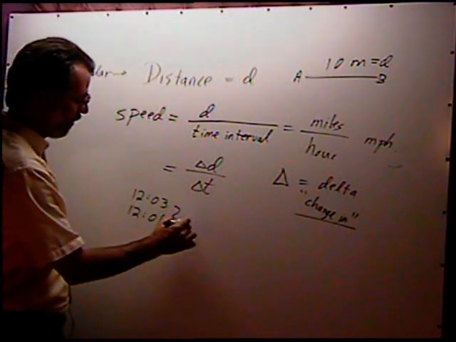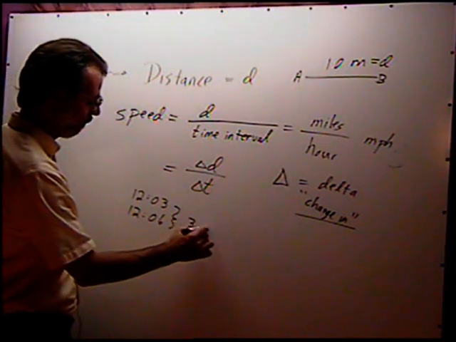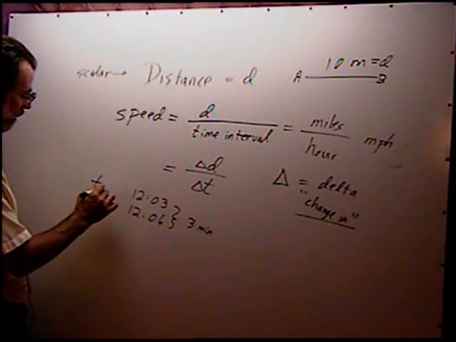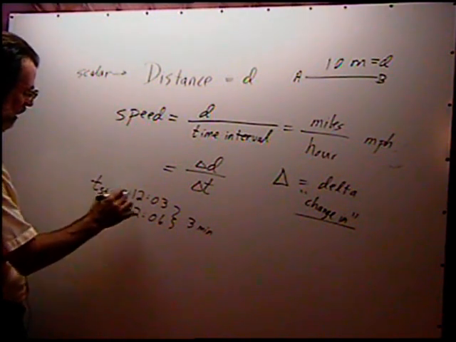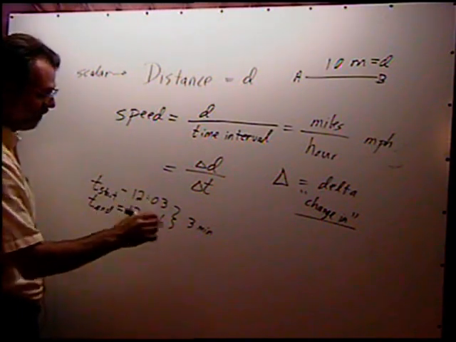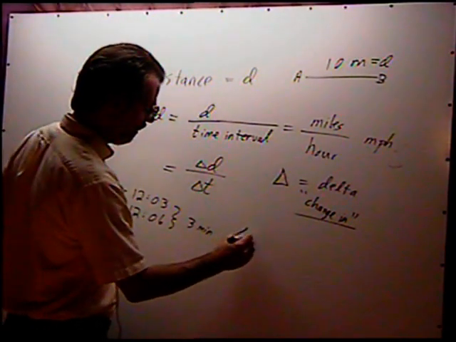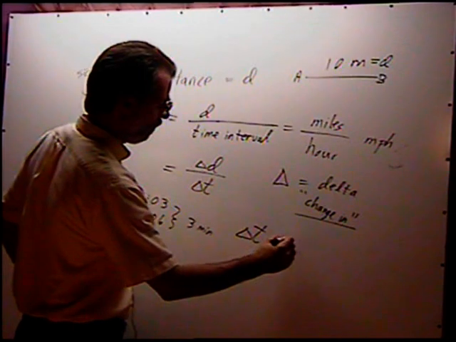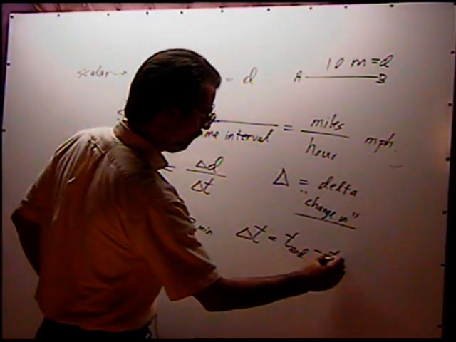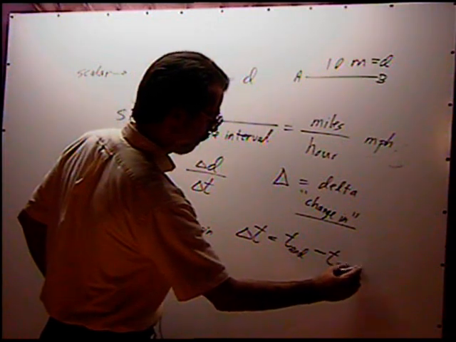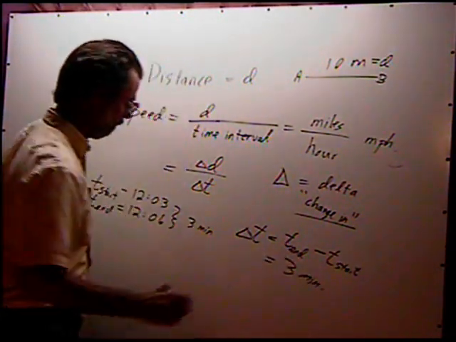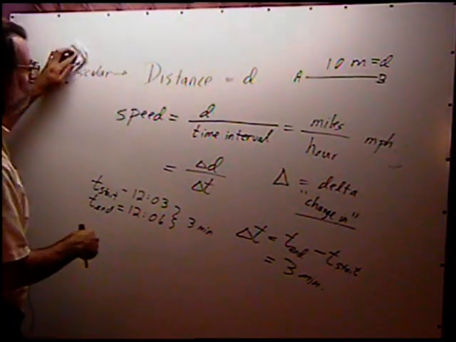That's a time interval of 3 minutes. This would be my starting time and my ending time, start and end. So delta t would be the end time minus the start time, or 3 minutes.